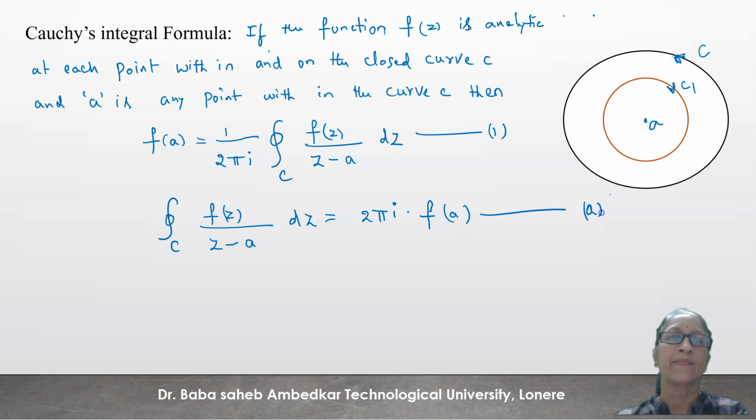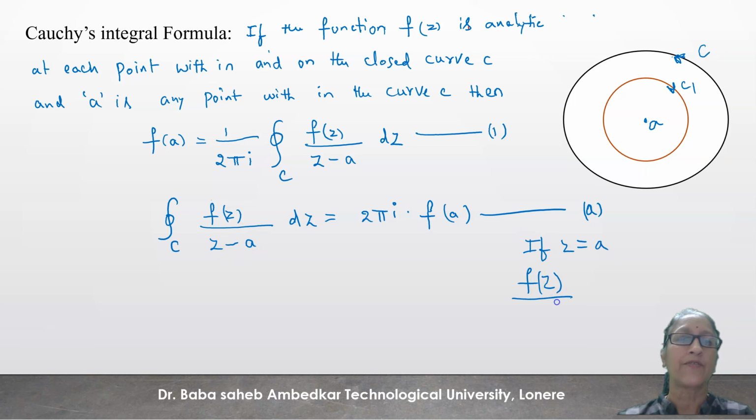Now here if you observe, what happens if z equals a? f(z) by (z minus a) becomes f(z) by (a minus a), that is f(z) by 0, which becomes infinity.